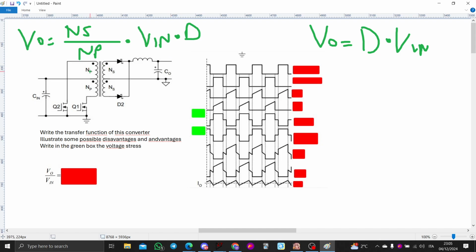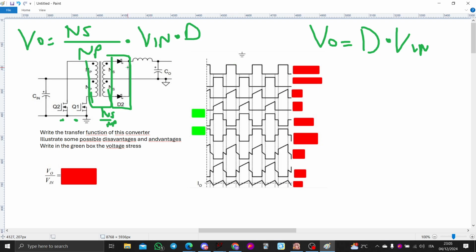But then we have to add also the turn ratio, and basically it is the same. The rectifier plays no role in your transfer function. This gives you an Ns over Np, and that's it basically. These two switches are to drive the transformer, but basically it's a buck. Okay, nothing more, nothing less.